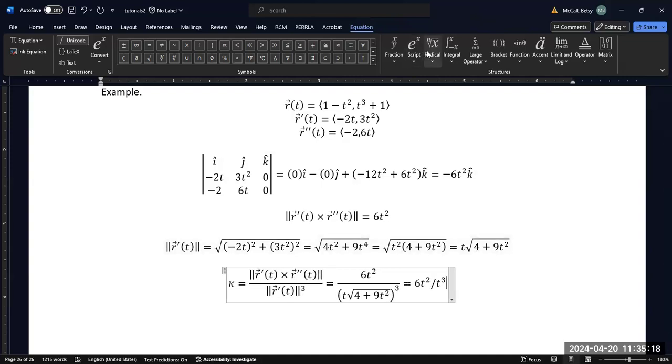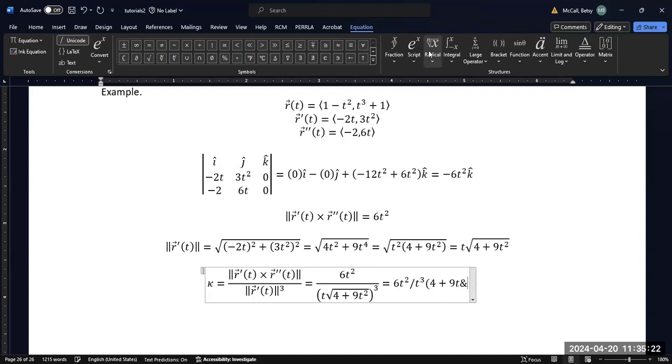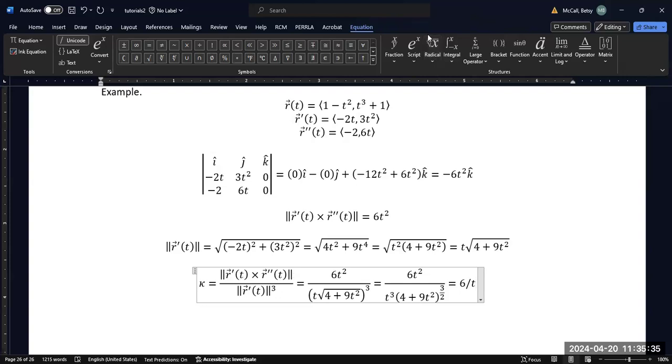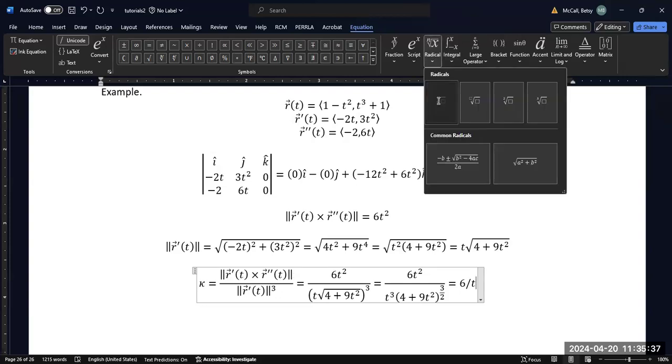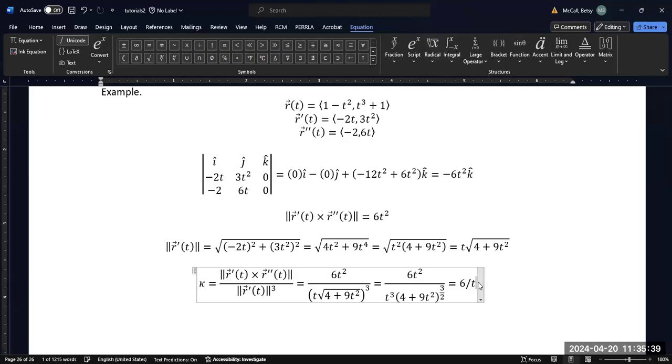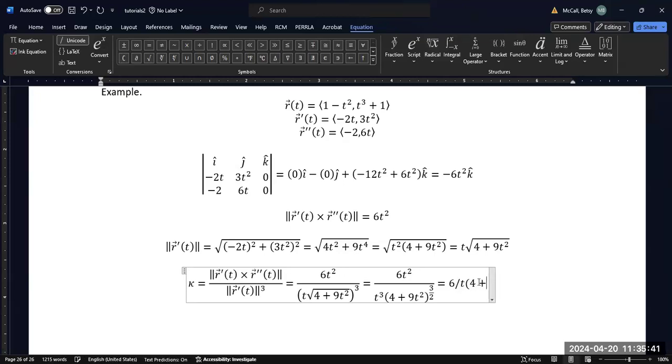And we can simplify a little bit and cancel out some of our t's. I guess we don't want to write it as the square root, maybe.